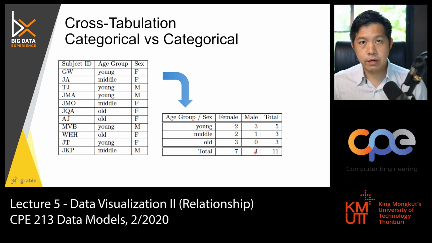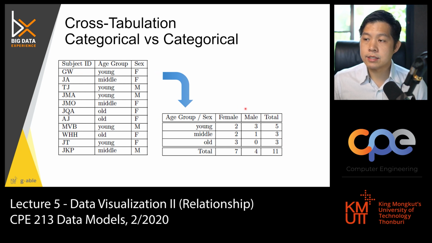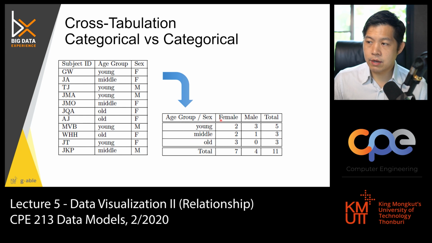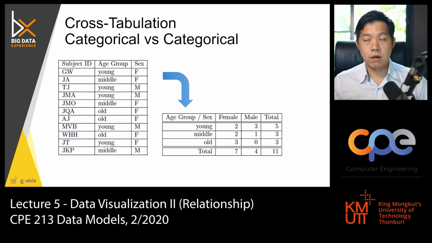In the cross tabulation format, you will have one variable as one axis and another variable as the other axis. For this one, age group is now used as the axis for the rows, and sex is now used as the axis for columns.